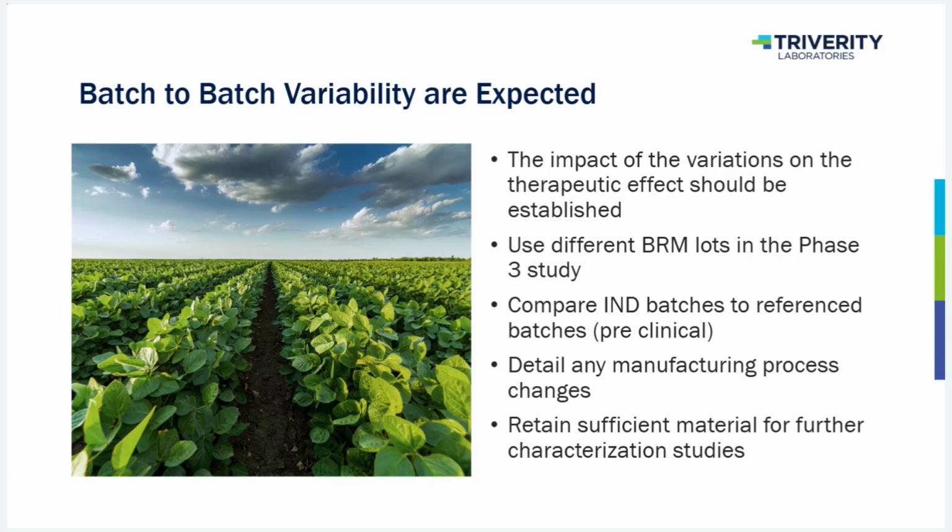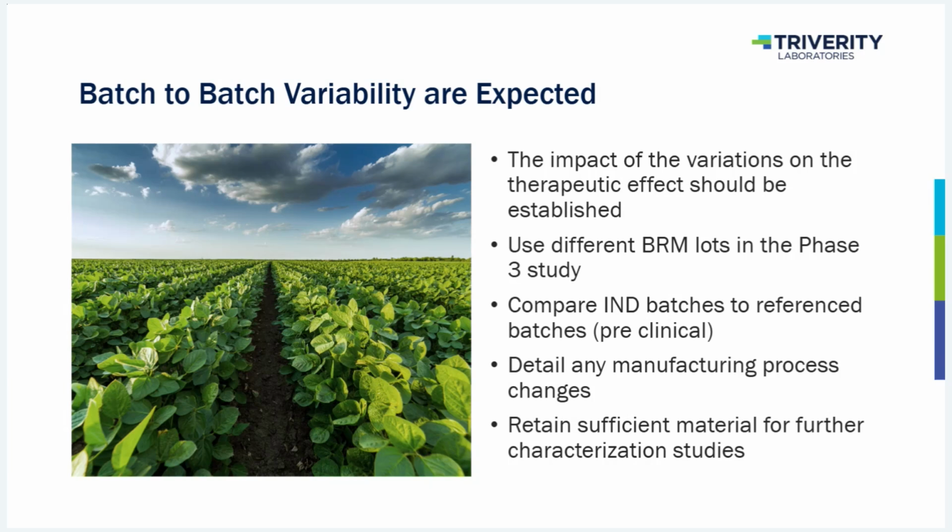So this is keeping some of your BRM, keeping some of your BDS and your BDP, so that as the development continues, and you've identified an active constituent in your BDS, you can go back to product that was used in your clinical study and analyze that for that active constituent, and then be able to draw a line back to the clinical data that you generated previously.